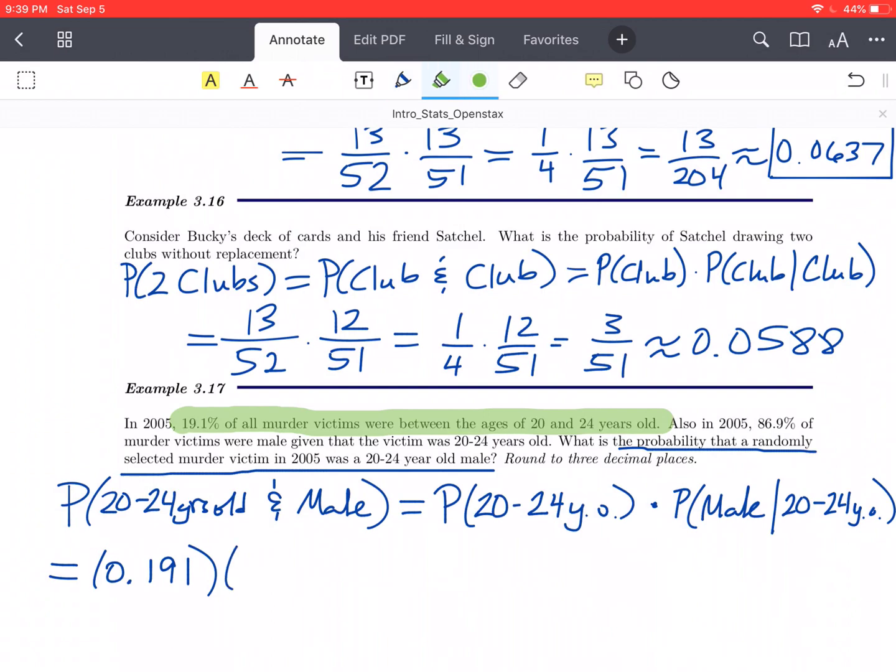Times the probability that they were male given that they were 20 to 24 years old. And luckily for us, we know that 86.9% of murder victims were male given that the victim was 20 to 24 years old. So that is 0.869. Multiply those two together, we get about 0.166.